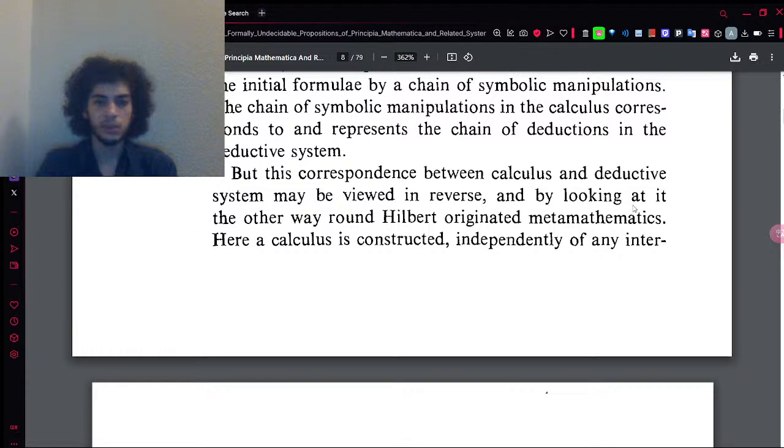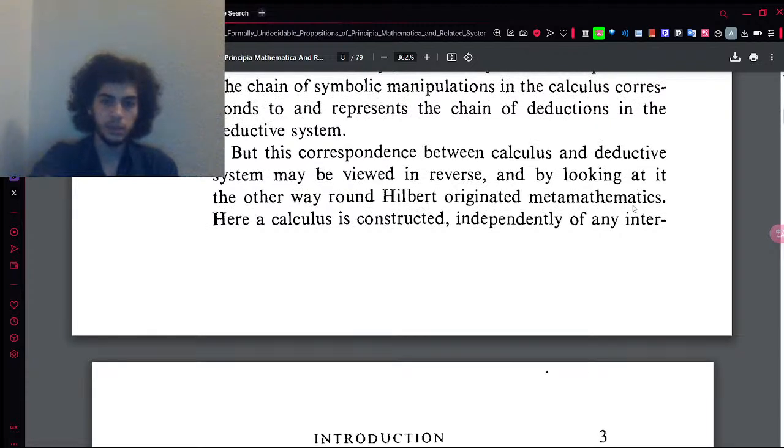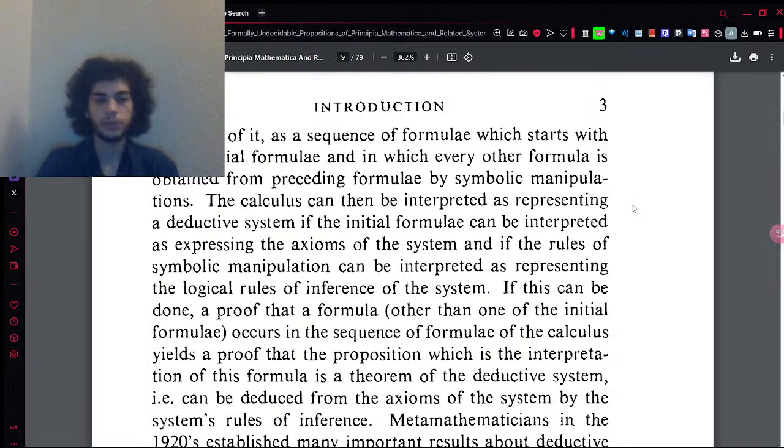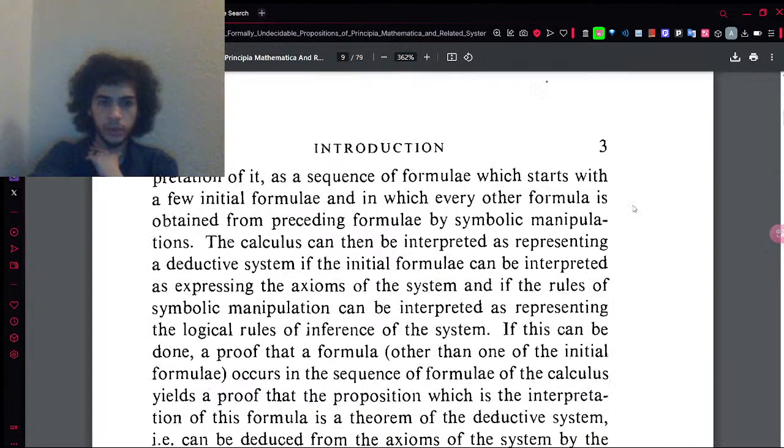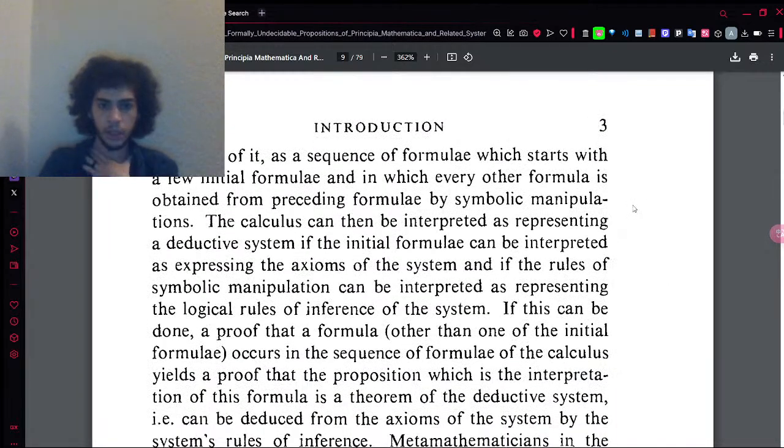Here, a calculus is constructed independently of any interpretation of it, as a sequence of formulae which starts with a few initial formulae, and in which every other formula is obtained from the initial formulae by symbolic manipulation.